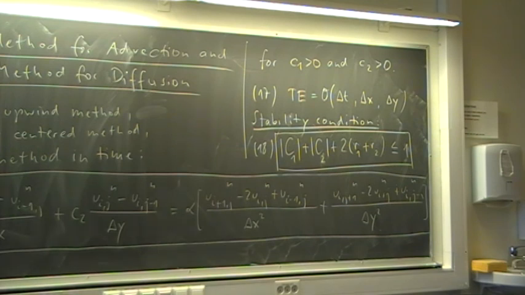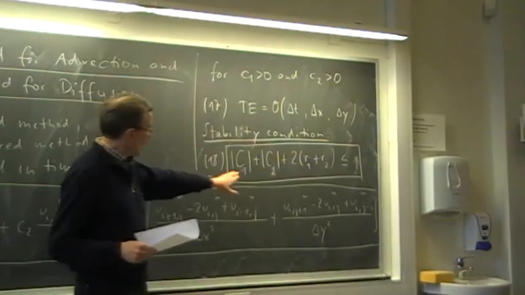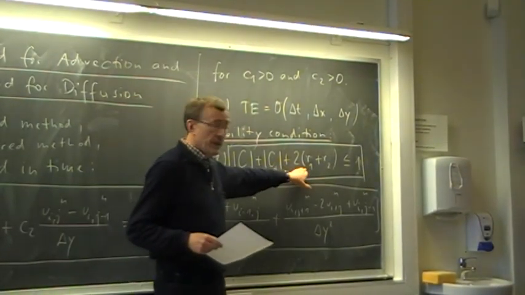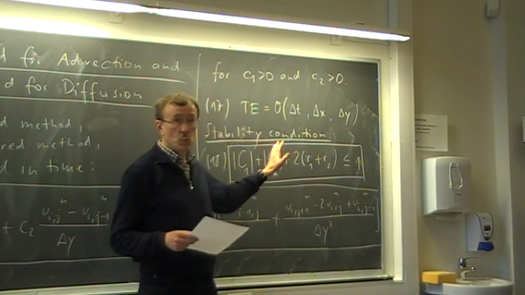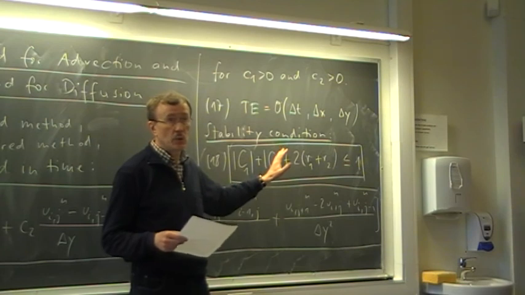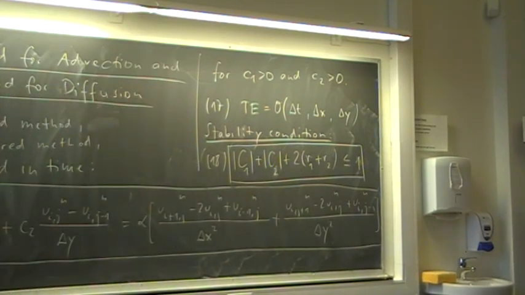So then you see we have now not this condition any longer. We have now a condition where both the convection and the diffusion enter. We have no condition on the cell Peclet number. So this works for any cell Peclet number. It doesn't say that it's good, but it's stable.